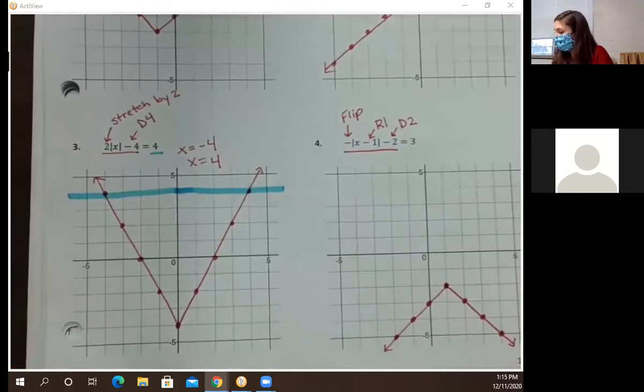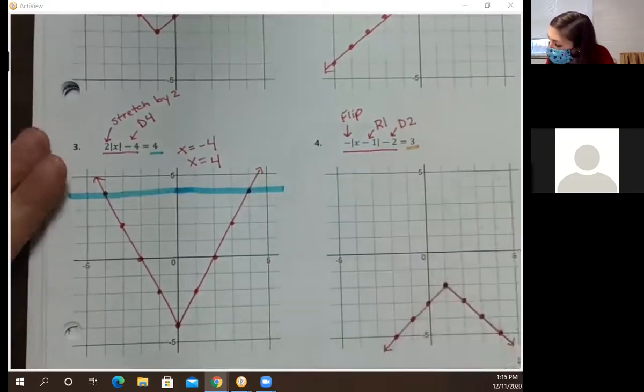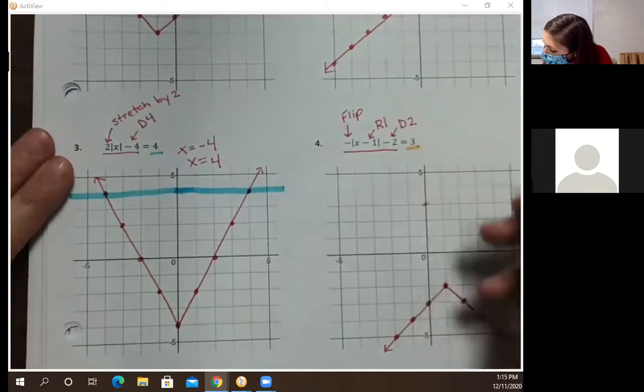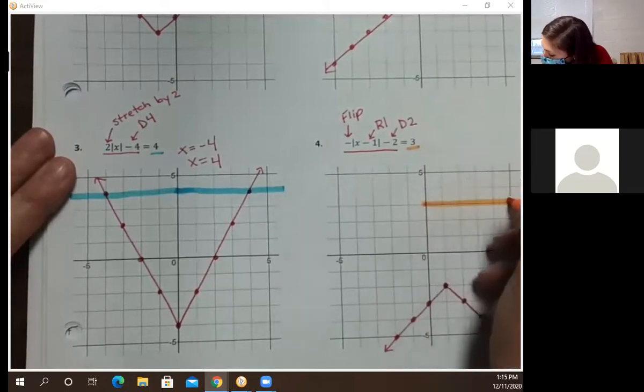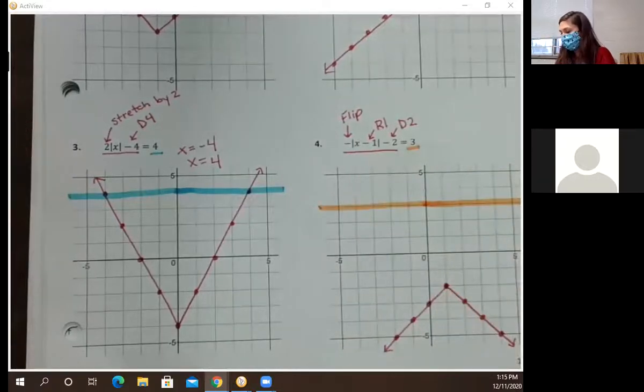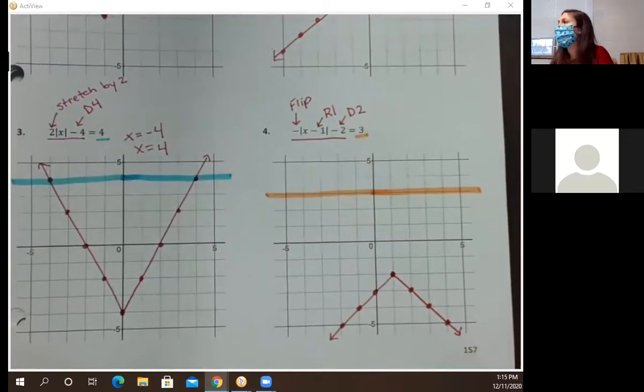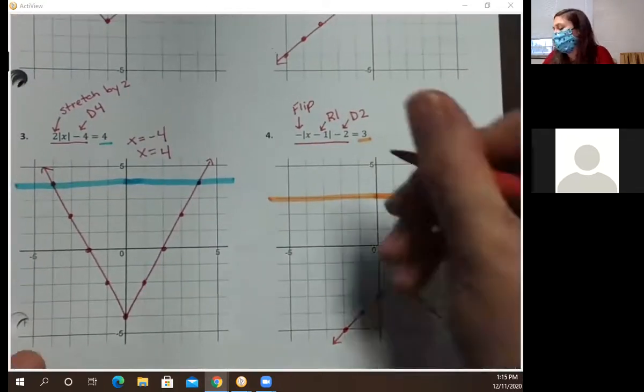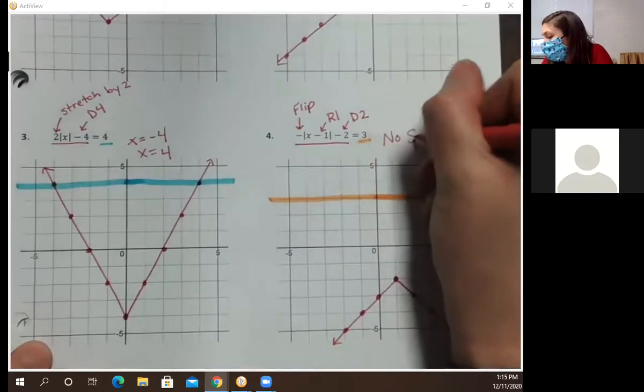For the other side of our equation, I'm going to go to where y is 3, and then again, follow that all the way across. I have no intersections on this one, so what does that mean? No solutions. Good. No solutions.